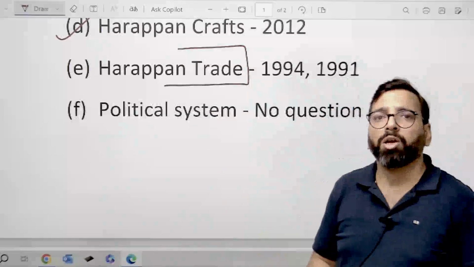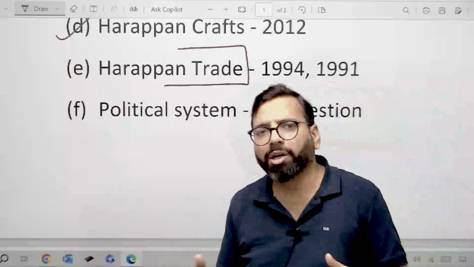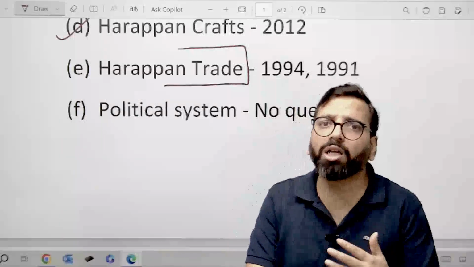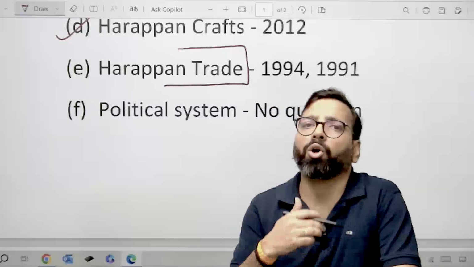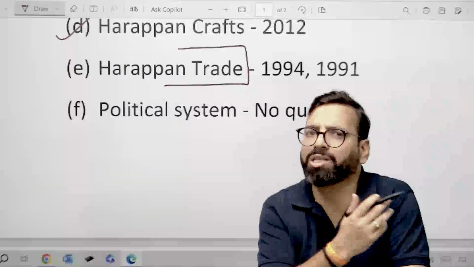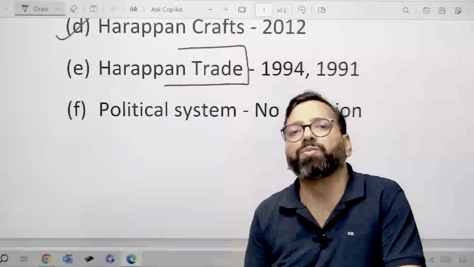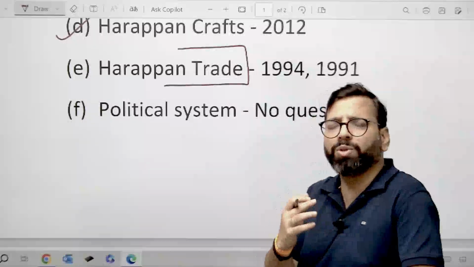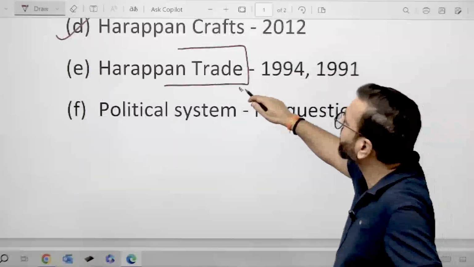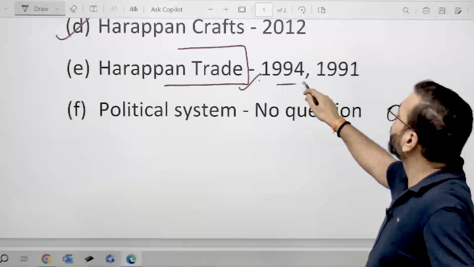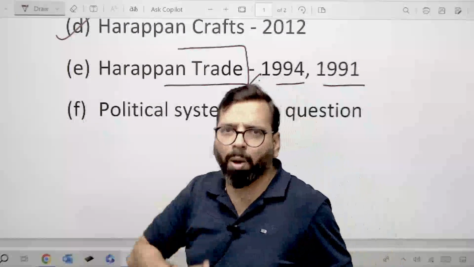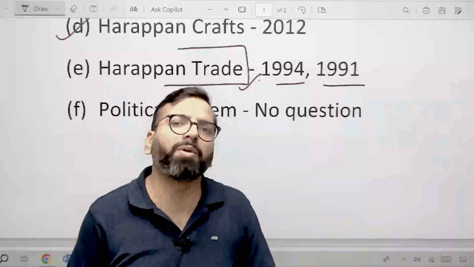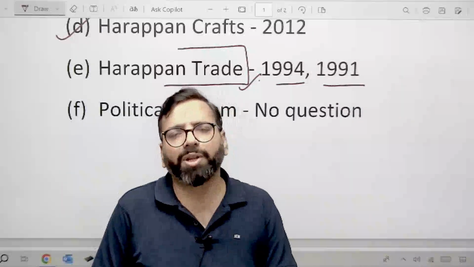Related to trade, both internal and external trade, particularly the long distance trade with Mesopotamia, or the Persian Gulf region, all of that becomes important. These are the important things which UPSC has asked, and you can see 1994, 1991, although way back, but this topic is an important one which has a high probability of being repeated in your examination in the near future.